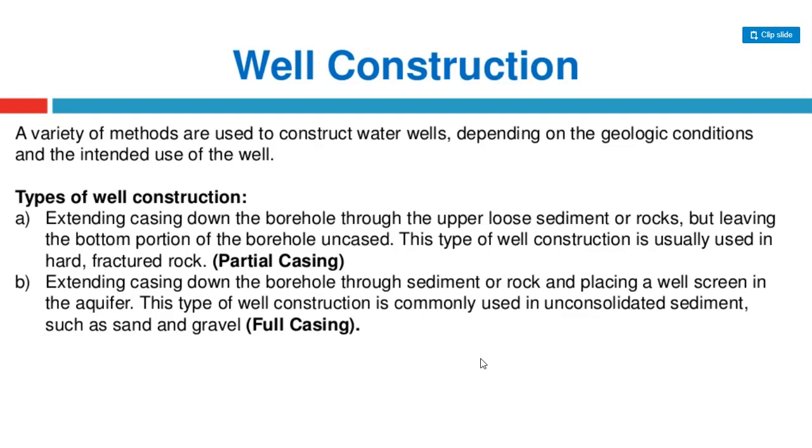This type is usually used in hard, fractured rock, or a partial casing. Extending casing down the borehole through sediment or rock and placing a well screen in the aquifer. This type is commonly used in unconsolidated sediment such as sand and gravel, full casing.